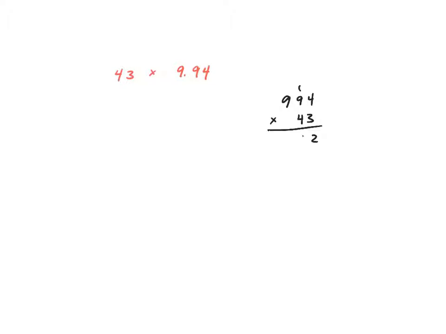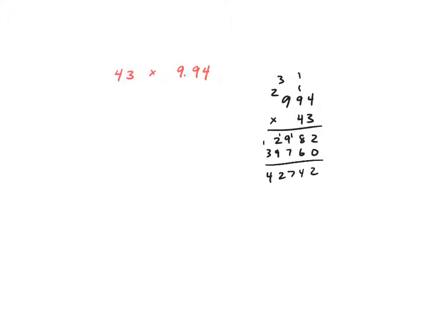Now, if you're doing lattice multiplication, it doesn't really matter which one you choose to put on which side, but traditional it does. Let's see, that's 36 plus 3 more is 39. Don't want to make any mistakes here.